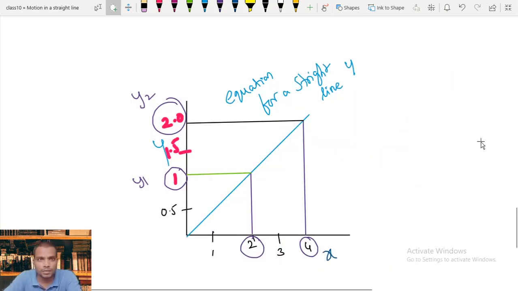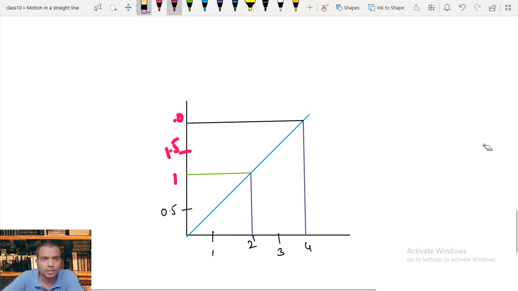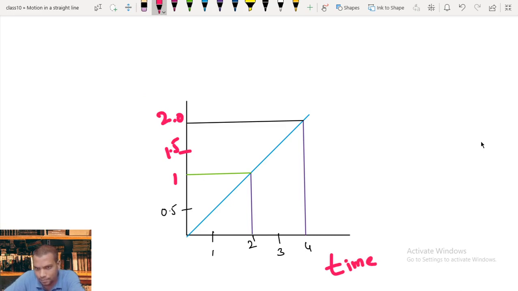Now I will make small changes. This one I don't want, and instead of x and y, I'll change this as 2.0. And now this is my time axis, and this is my position, the x position.